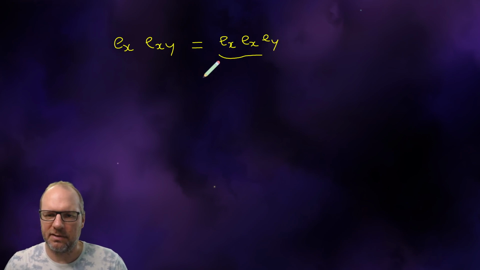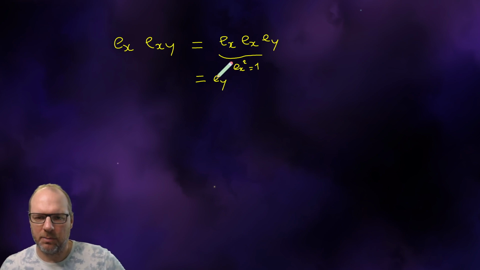This is e sub x squared, which is 1, so it equals e sub y, but we already have this symbol.